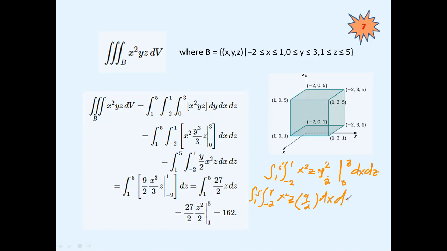Or better yet, we will use the whiteboard because this one will clear the markings here. I'll show to you how we'll do this on the board. So we have the integral of x squared yz, dy dx dz. I forgot the order.